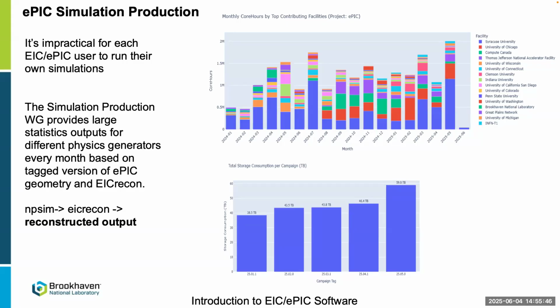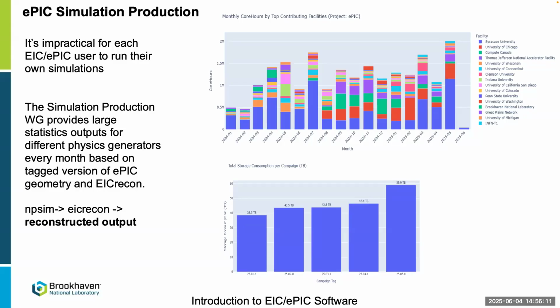So just to give you some context, this month we ran simulations of about 2 million core hours. So you're not running 2 million core hours on your local machine. I don't care if you have the latest Mac, you won't be able to do that.